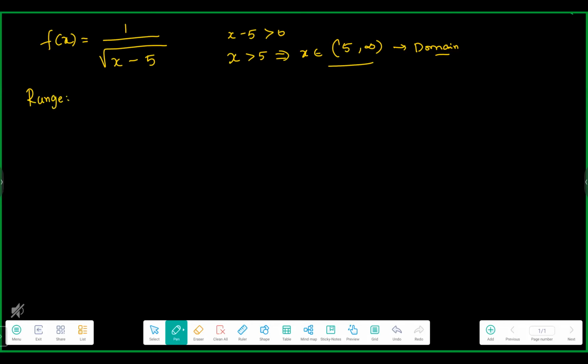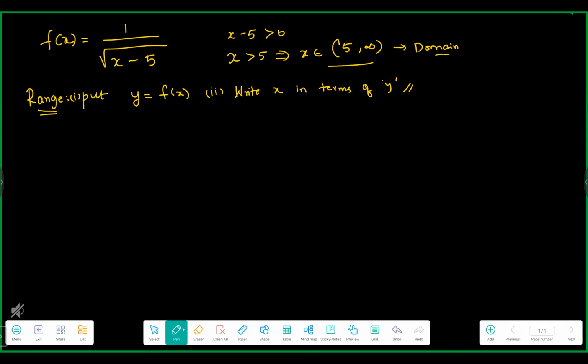Listen to this carefully. If you want to find the range of a function, the first step is put y is equal to f of x. That is the first step. I'm giving you the algorithm; you can solve any problem using these steps. Second step is write x in terms of y.